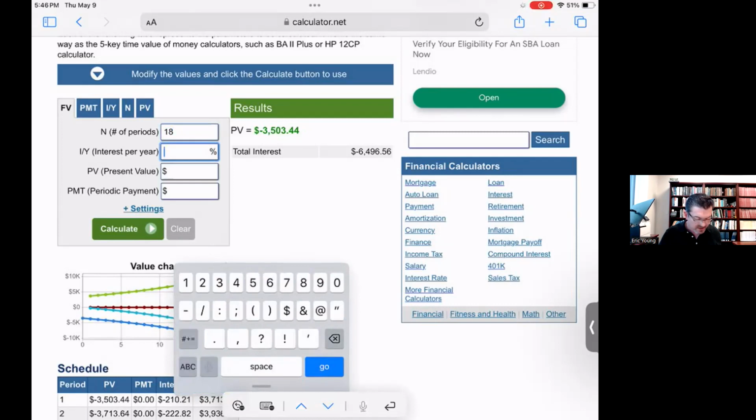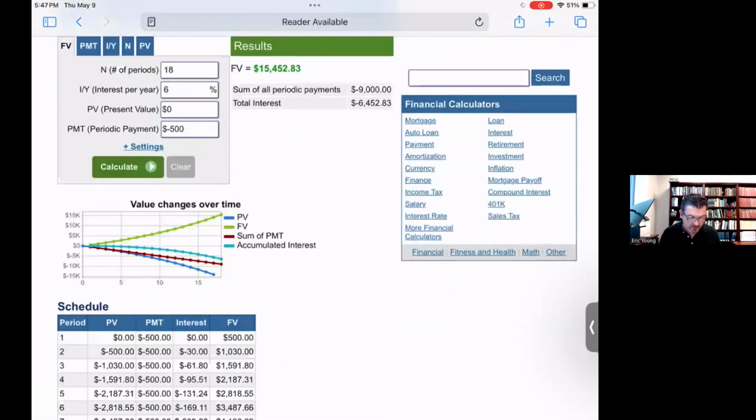The interest rate we said is going to be 6. The present value is 0. And now we're going to have payments of 500. Now we're going to put a negative sign because that money is going out. So we're going to put negative 500. And there you go.